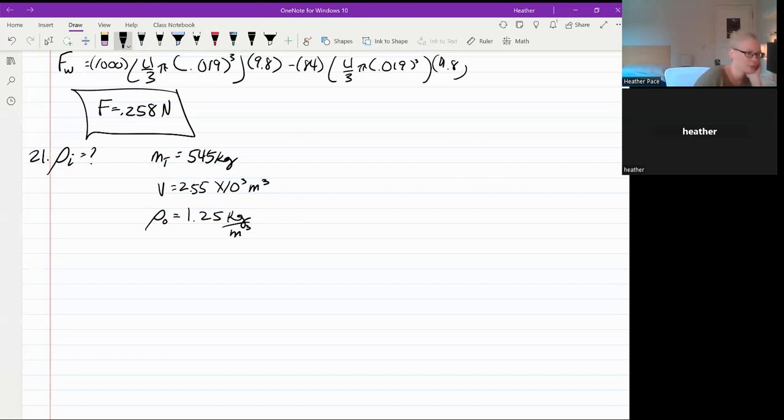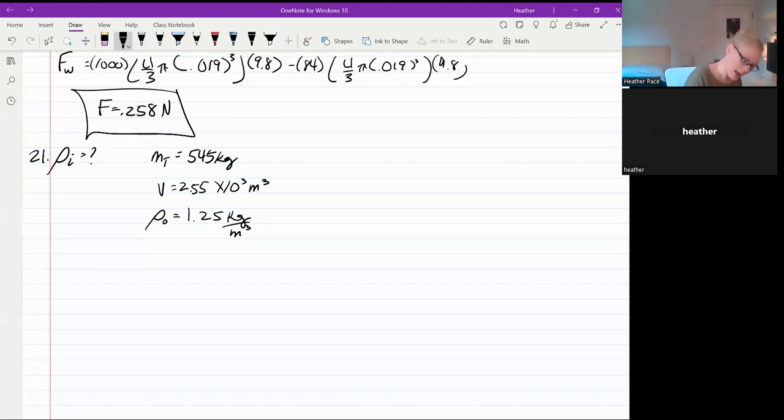Okay, so we want the hot air inside the envelope. So when it is neutrally buoyant, when they are matching in essence.